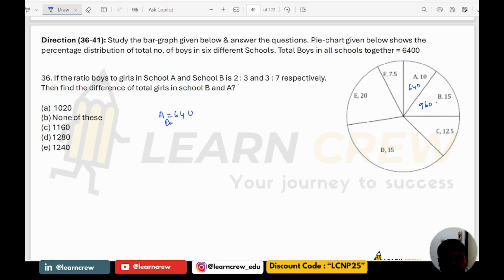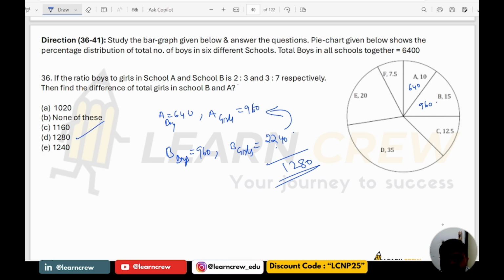A boys is 640. So A girls would be 3 parts, 960. B boys is 960, which is 3 parts. So B girls would be 7 parts, which is 7 into 320, which is 2240. Now the difference of girls is asked: 2240 minus 960, which is 1280. So the answer is 1280.